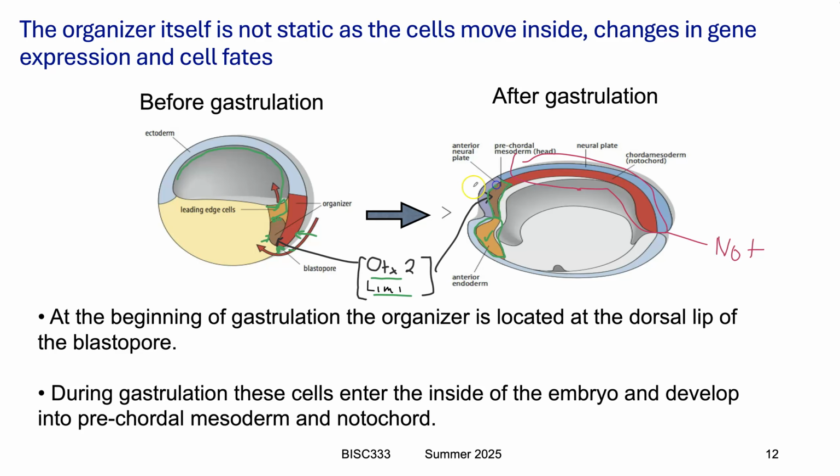And then above that is going to be the anterior neural plate. And so these cells are going to participate also in the formation of the brain and that sort of structure, the anterior head neural tube. And then the notochord is formed from some of these cells that move in from the more dorsal side of the organizer.